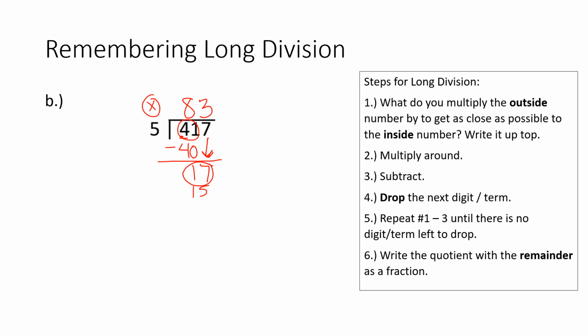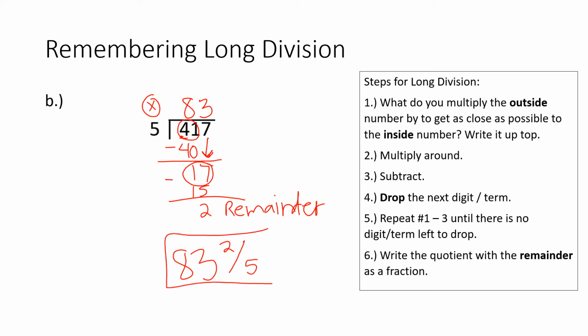That's as close as you can get here to 17. So we subtract 17 minus 15 and get 2, and there's nothing left to drop down, so that is my remainder. So to answer the question, how many times does 5 go into 417? 5 goes into 417 83 times with 2/5 left over.